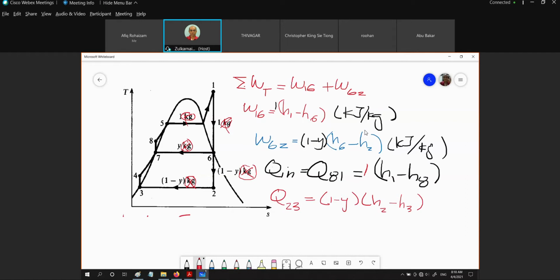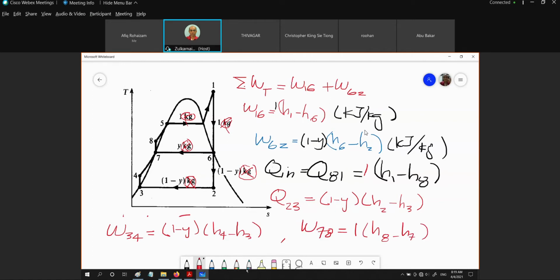And then for the pumping work, W34, this is equal to 1 minus Y, H4 minus H3. Okay, and then the pumping work for W78, this is equal to the combined fraction of flow, which is 1, H8 minus H7.